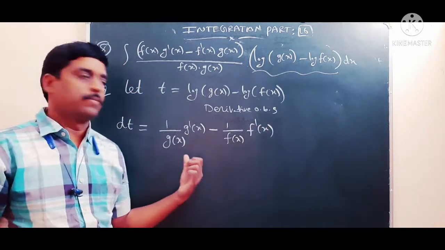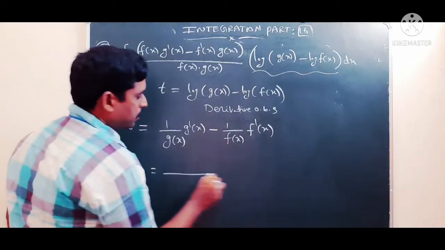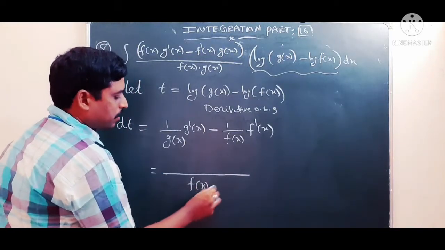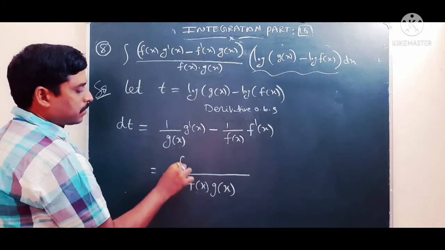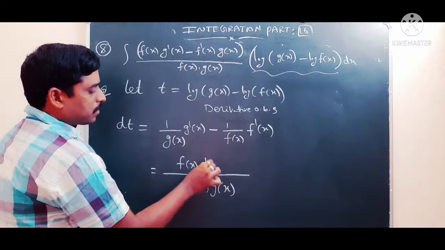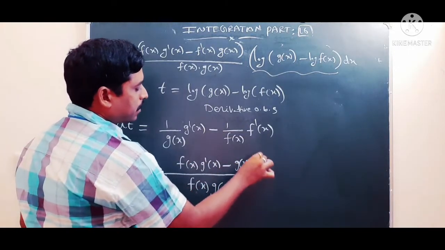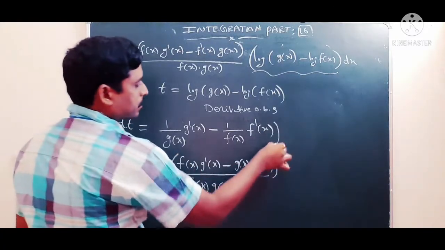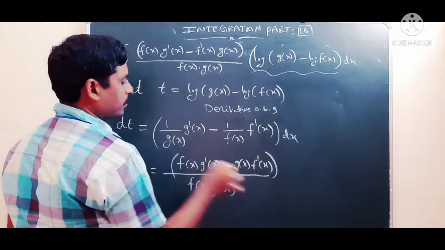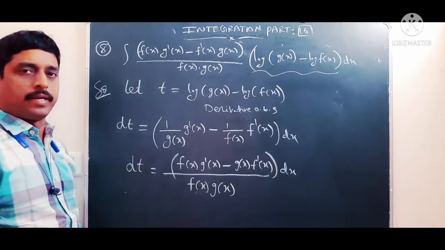So let us do the LCM, which is f of x into g of x. After the LCM, this is f of x into g dash x minus g of x into f dash x, into dx, and this will be equal to dt.